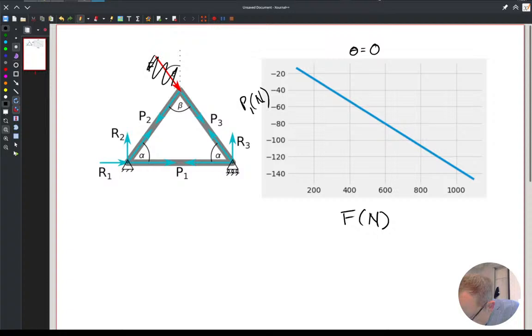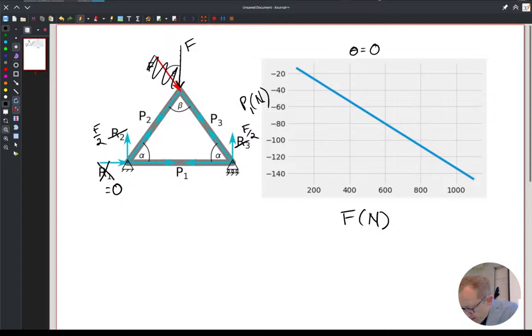I'm not pushing at an angle, I'm pushing straight down. If I'm pushing straight down, then there's no external left or right reaction force. So this R1 is 0, and then R2 and R3 are both positive. They're both going to be F over 2, in that positive direction.